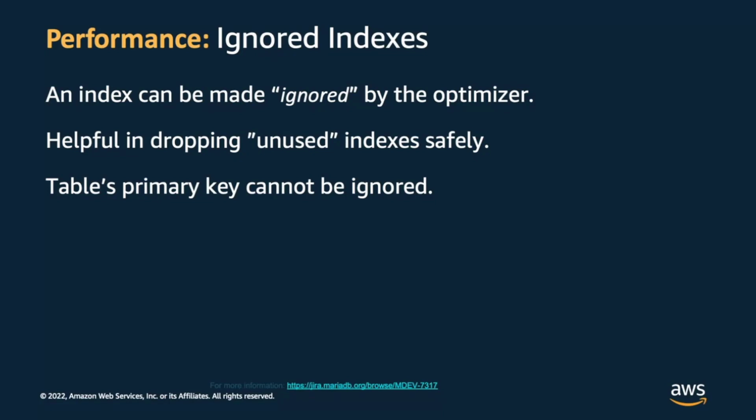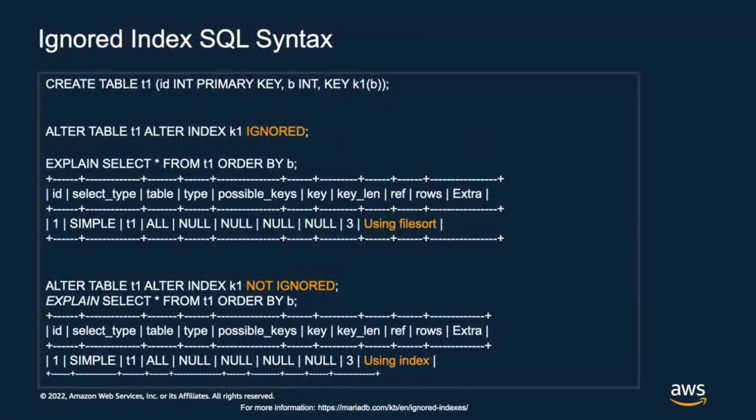I'm going to show you how it looks. But another thing I want to point out here is that primary keys cannot be ignored. So that is one thing you may want to make sure of before you try to make them ignored indexes. This is how it looks. In this example, we are creating a table with two columns, one primary key, the other with an index of K1.